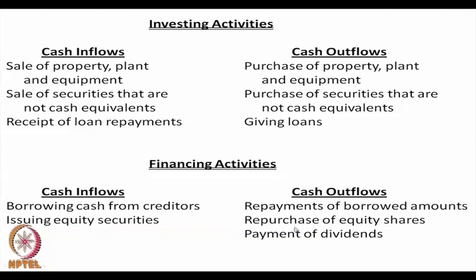And here cash outflow will take place for just the opposite reasons: repayment of borrowed amount, repurchase of equity shares and payment of dividends. So, broadly we can see that cash inflows and outflows take place on three headings: operating activities, investing activities and financing activities.